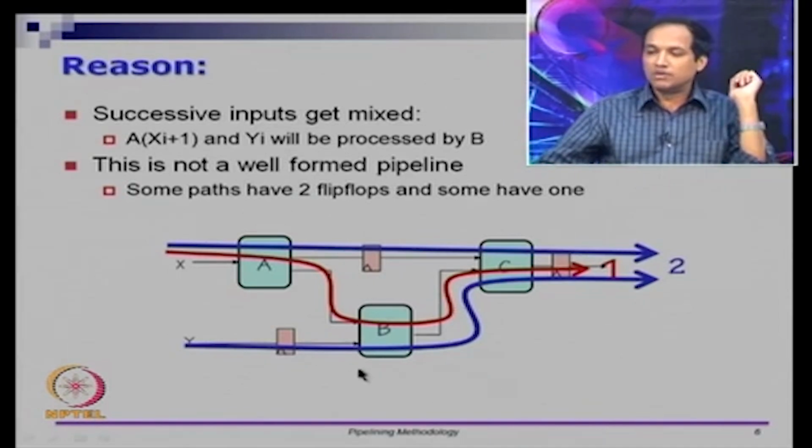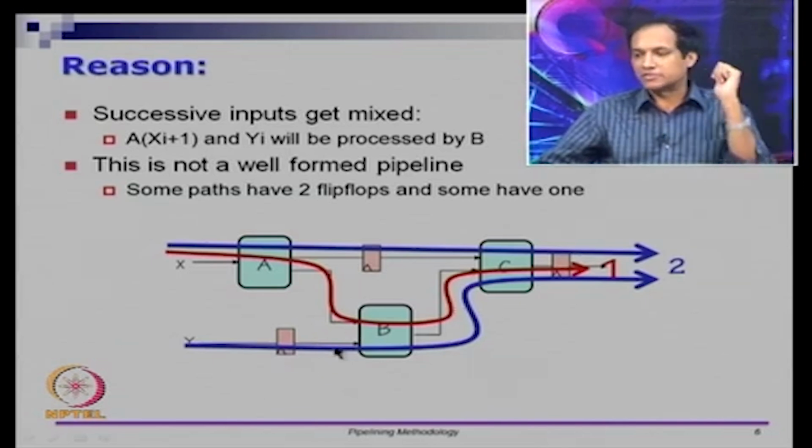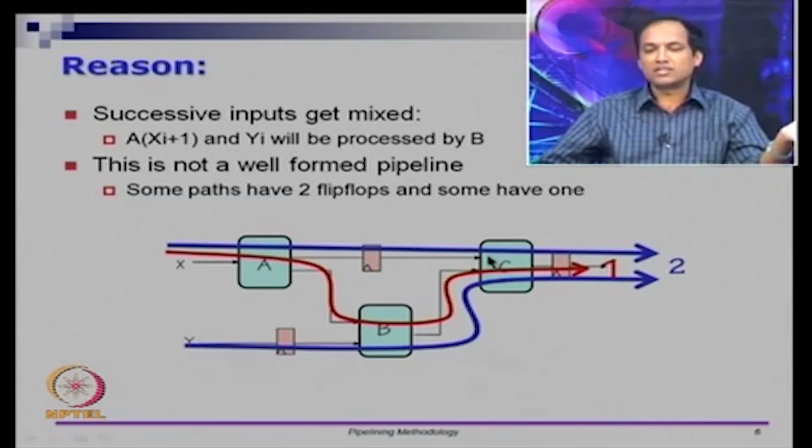Because B is not getting inputs from the same number of stages, C also by definition will not get them from the same number of stages. Even if I had a circuit which contained only A and B, and I put a flip flop here and a flip flop here, the path from Y to B's output would be a 2 stage circuit, but the path from X to B's output would have been a 1 stage circuit.